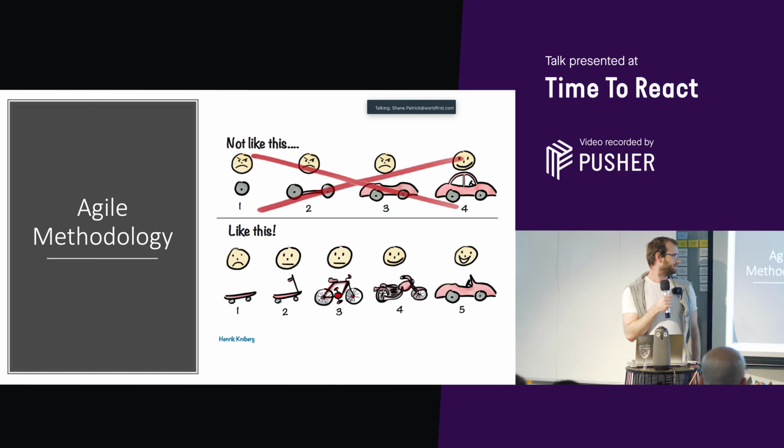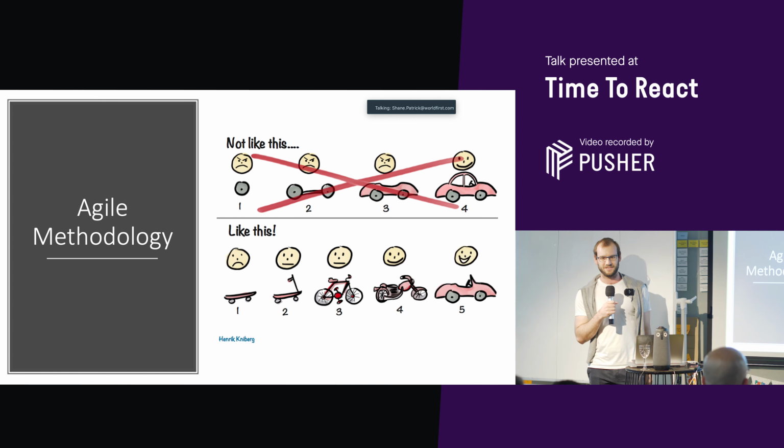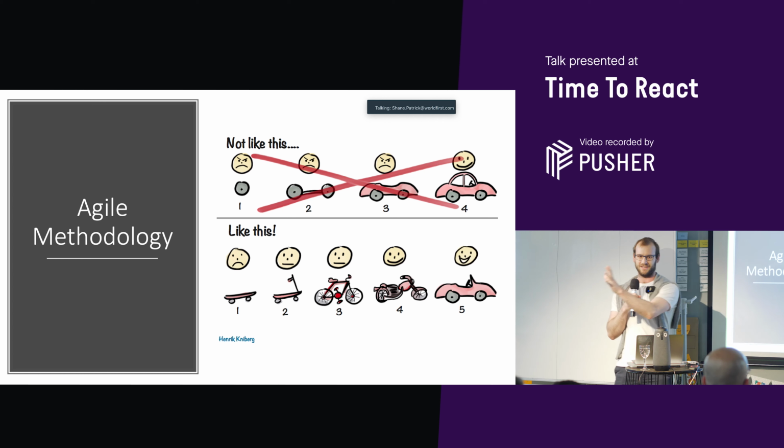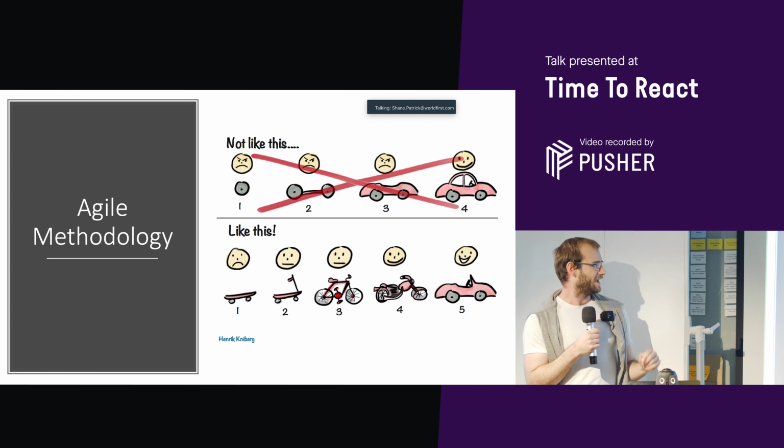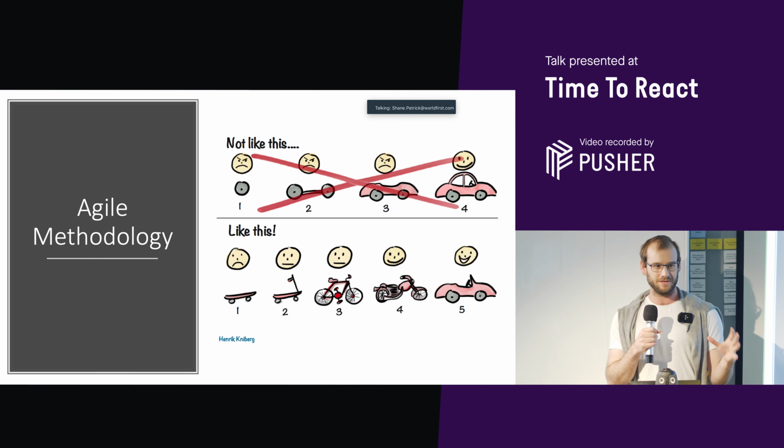I have actually spent a lot of my career at startups, and I imagine most of you are really familiar with this idea: rather than going straight to the end state, you slowly build your way up. This is the way I personally think about development.